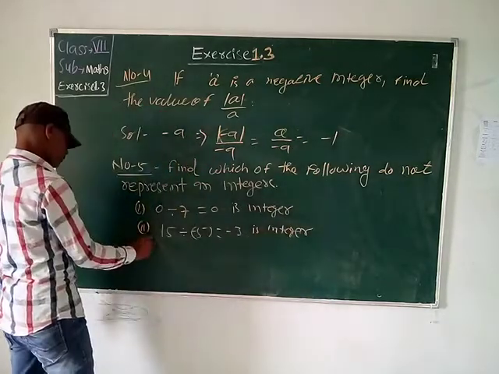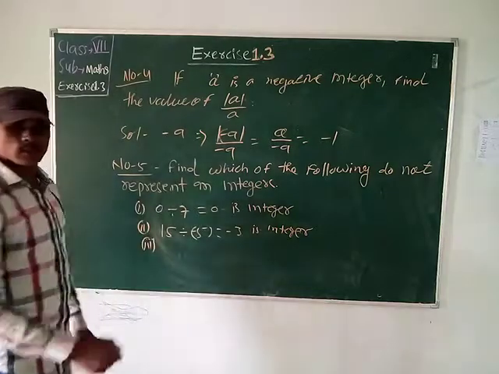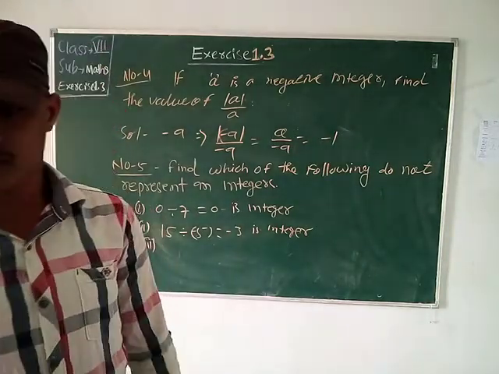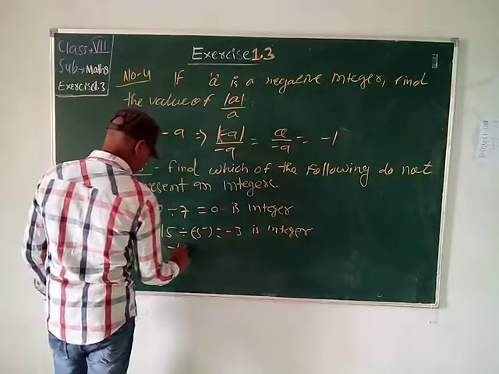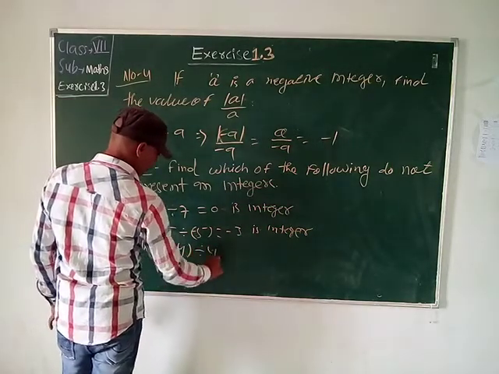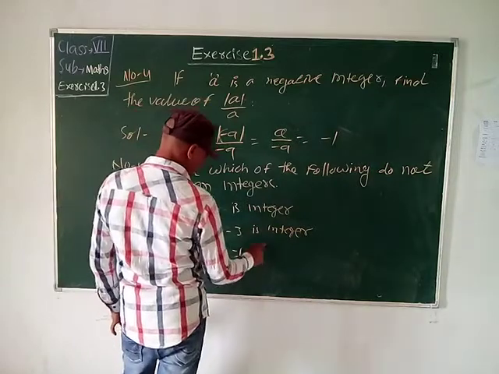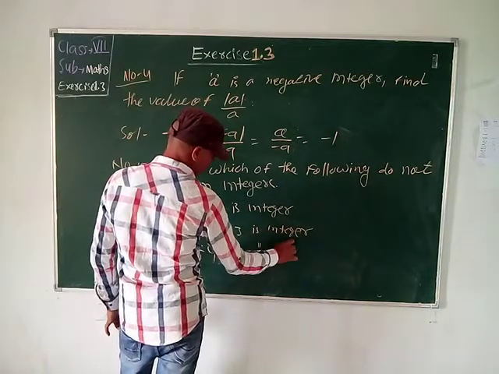Now the third bit is minus 4 divided by 4 equal to minus 1, which is an integer.